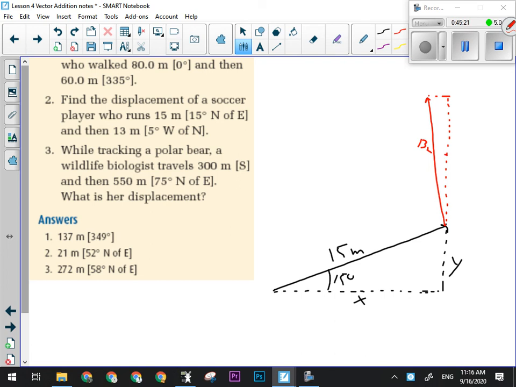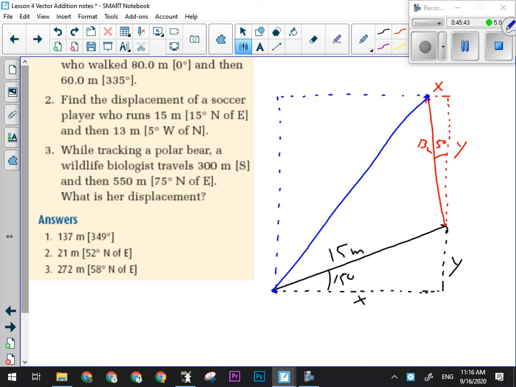So there's 13 meters, 5 degrees west of north. Here's y, here's x, which means my resultant, which in this case is my total displacement, is a line running from my initial position to my final position. Whoa, that's crooked. Okay, imagine it's straight.